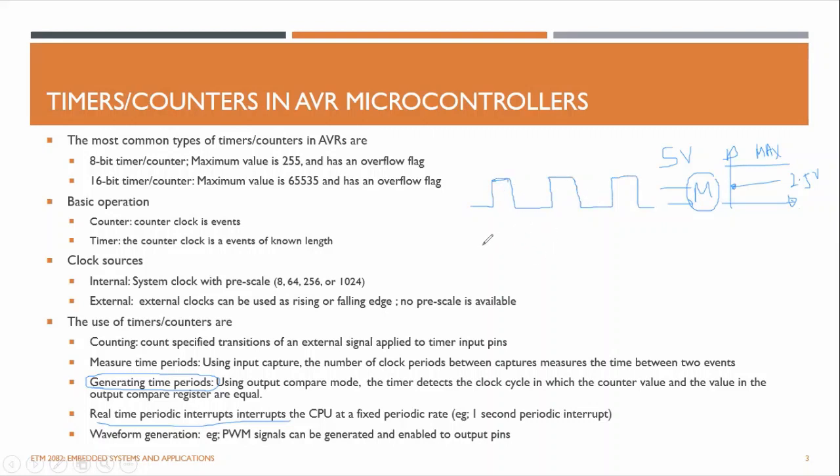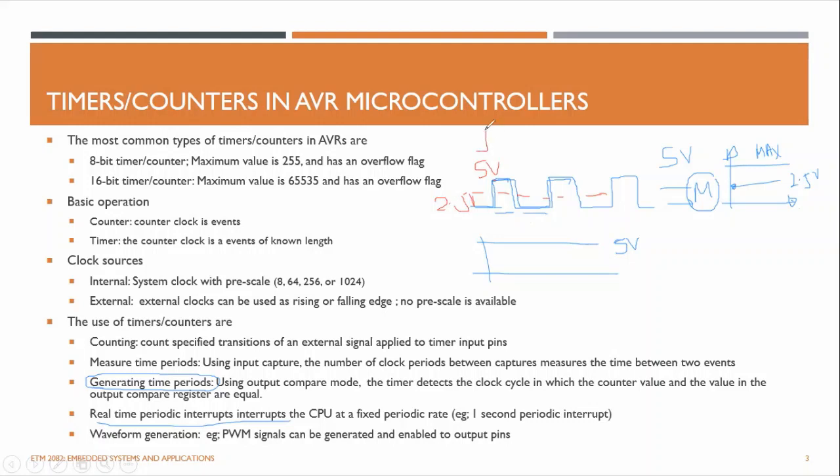If your PWM signal is like this, every time it is 5 volts, the motor will run at full speed. If you provide this kind of square wave signal, where the on period and off period are equal, the average will be 2.5 volts.